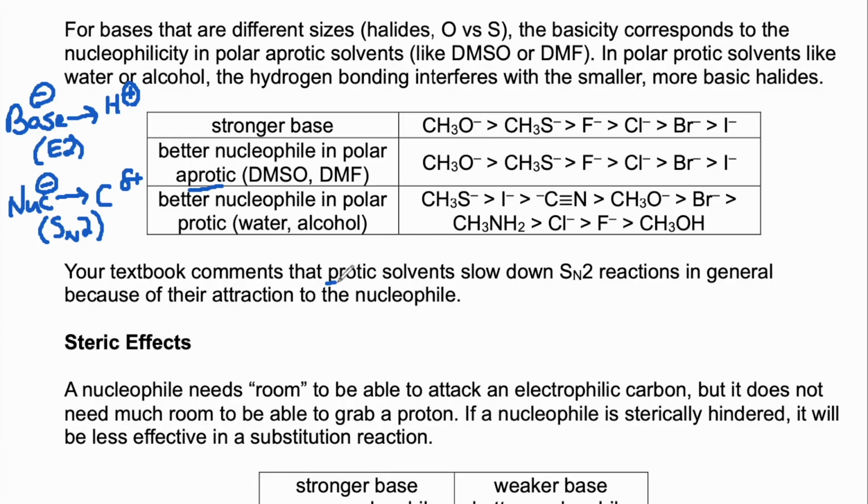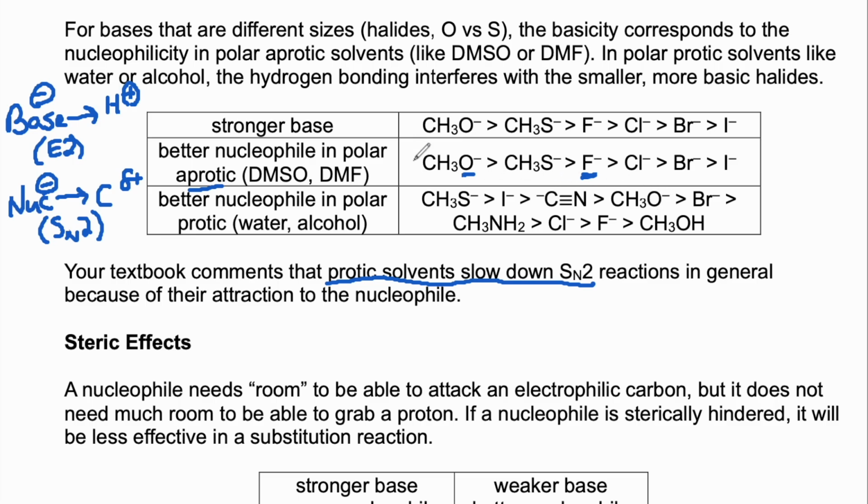So protic solvents tend to distract nucleophiles and slow down SN2 reactions in general. This is especially true of small atoms like oxygen and fluorine. These are pretty good nucleophiles. They're strong bases, and so they're better nucleophiles in the aprotic solvents. When you have protons around, they tend to get distracted.